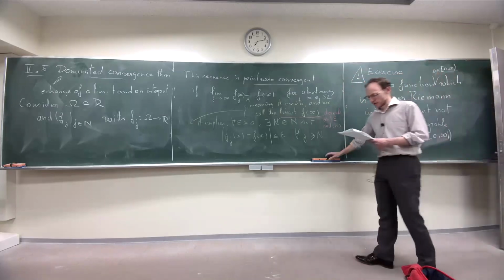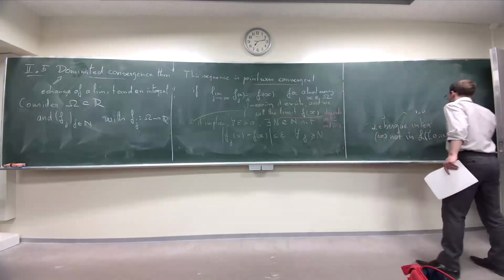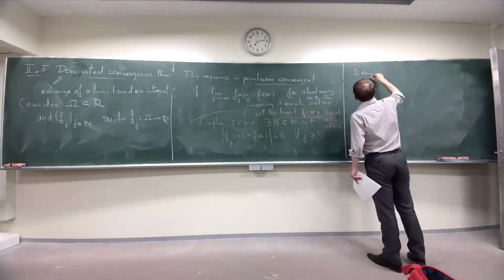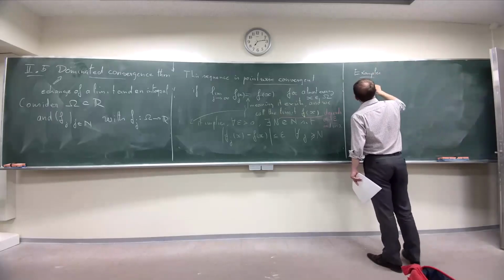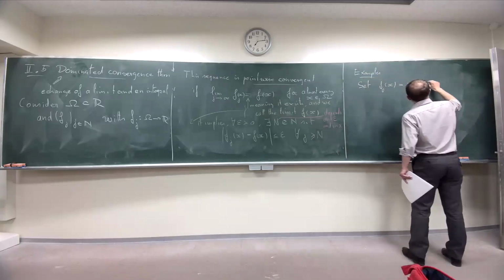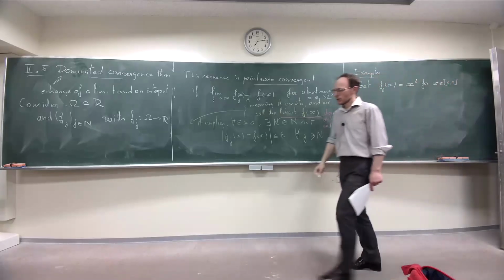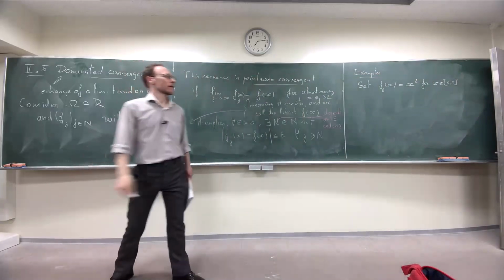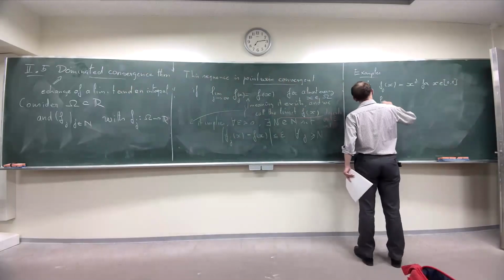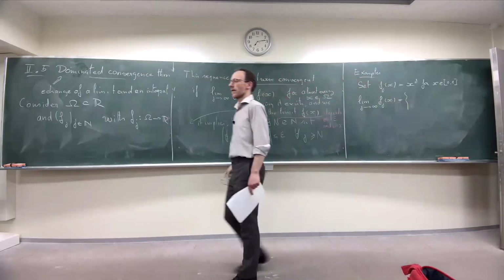So this is the notion of pointwise convergence. Let me just give you two examples of pointwise convergence. Set f_j(x) = x^j for x in the interval [0,1]. What is the pointwise limit? Can you tell me the limit when j goes to infinity of f_j(x)? 0, except when x is 1.